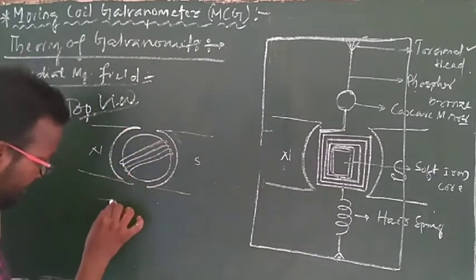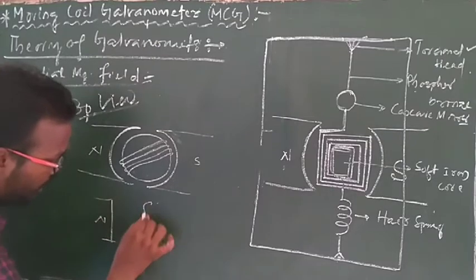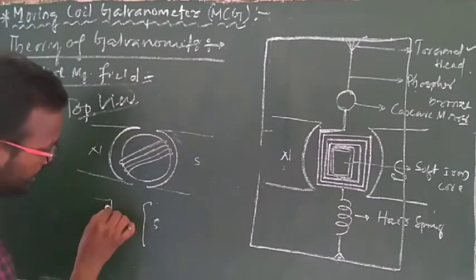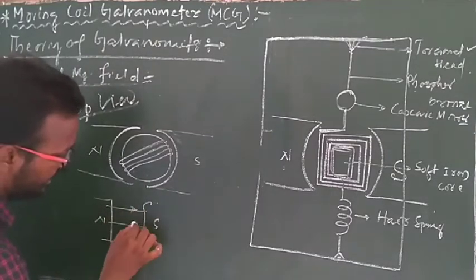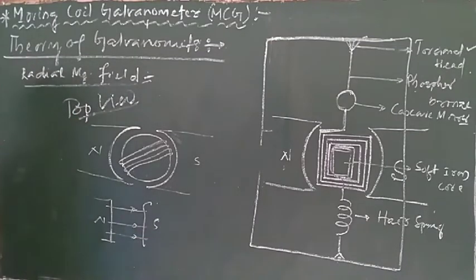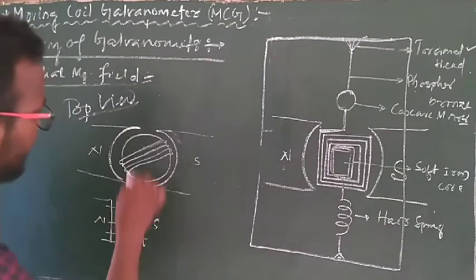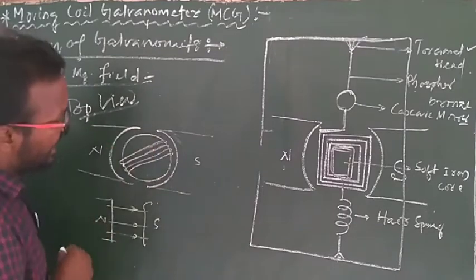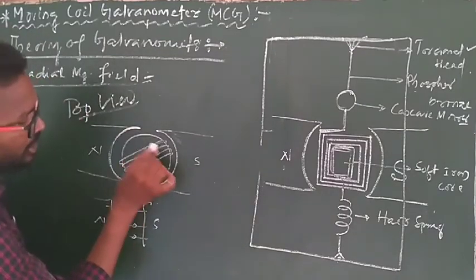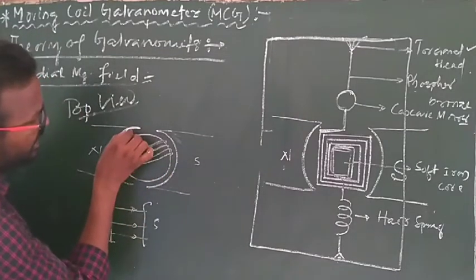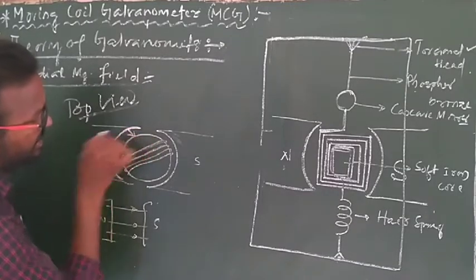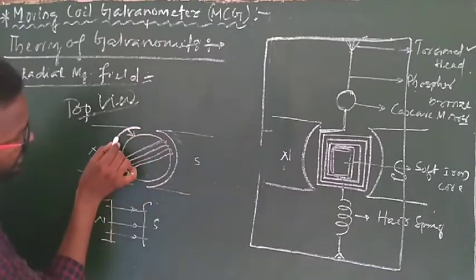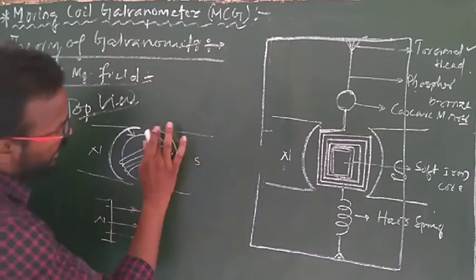If the north pole and south pole are in a straight line, then this is the graphical representation of magnetic lines. The magnetic lines always start from the north pole and terminate on the south pole. So this is the direction of the magnetic lines. Clear?